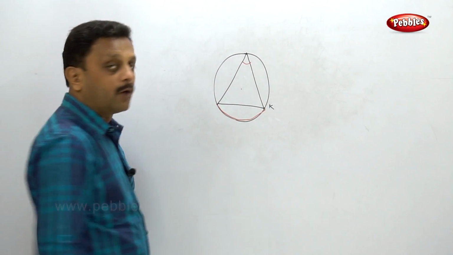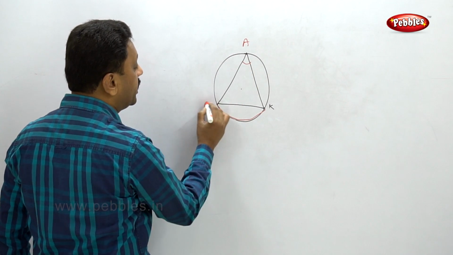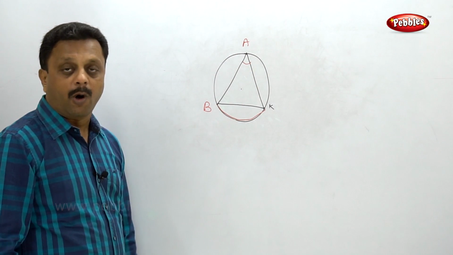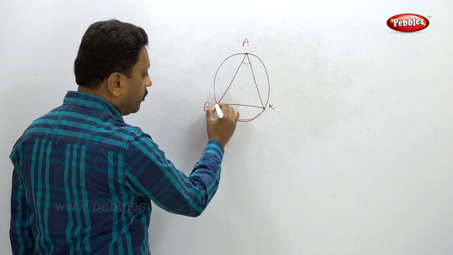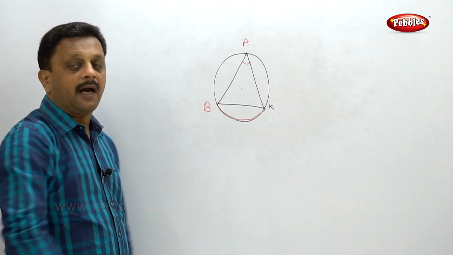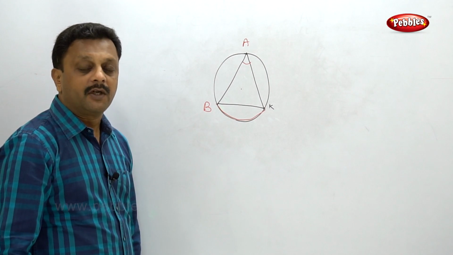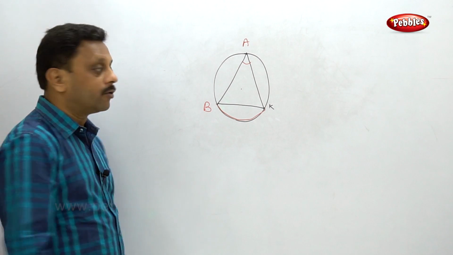Suppose this is A, B and K. I have to draw an angle congruent to angle A, where one arm is BK, and I have to draw the second arm, and that second arm will be the tangent to this circle. So how will you draw the congruent angle?